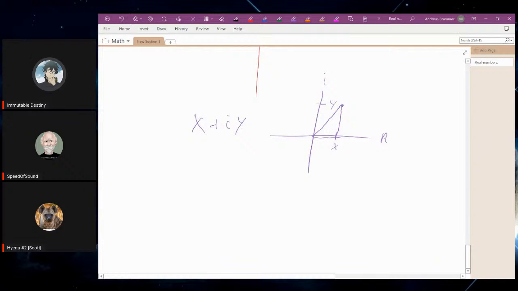What we can do now is blow this triangle up, so we can draw it as being that. And remember, this horizontal part was on the x-axis. This vertical part here was on the y-axis.